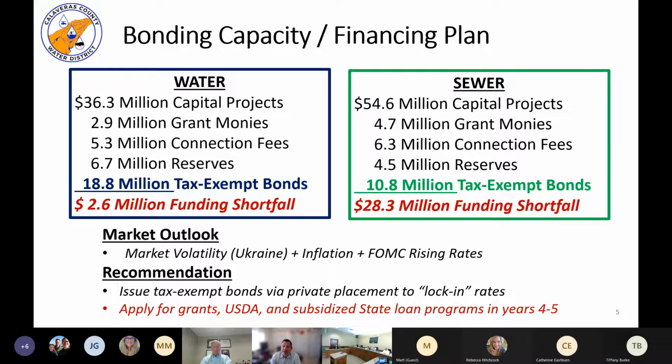And then we came up with bonding capacity. The bonding capacity really pledged the R&R revenues that we have available, these fixed fee revenues. Based on that amount, we come up with a bonding amount for both water and sewer of $18.8 and $10.8 million approximately.